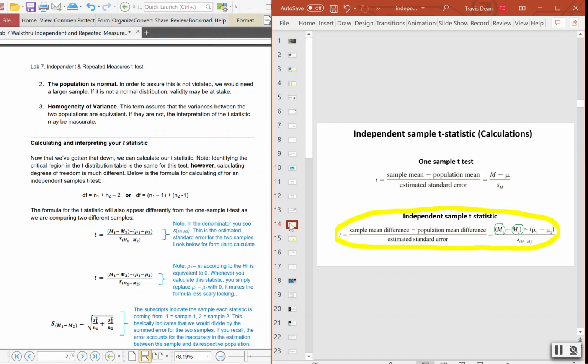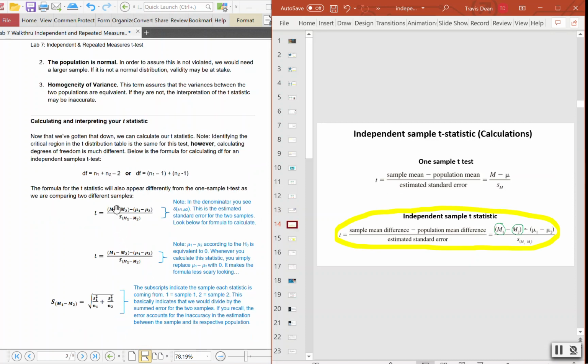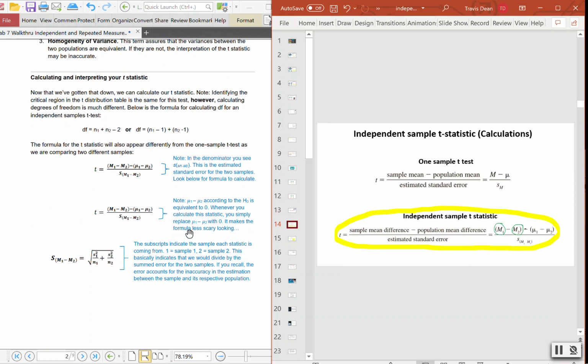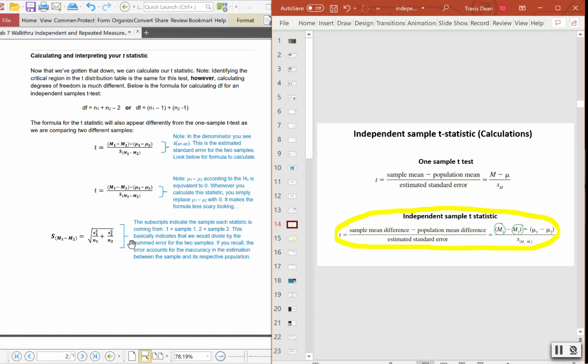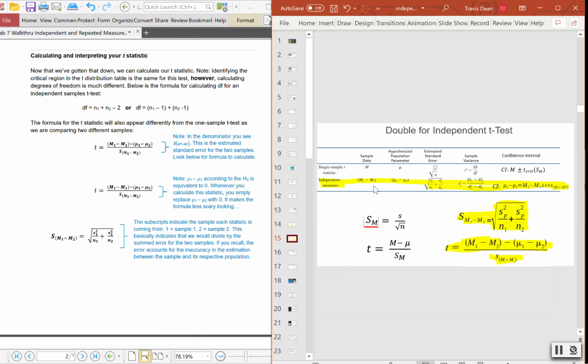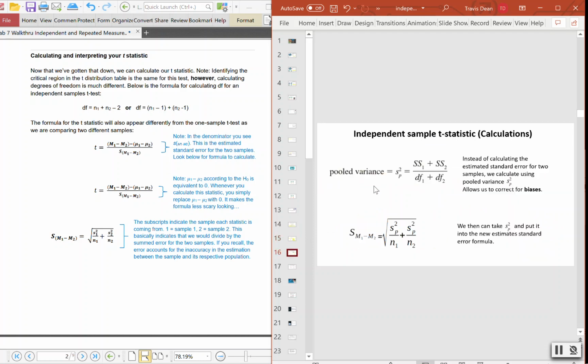All right, and then we have these other equations here, getting the t statistic, and we also have this right here. We're going to be getting this estimated standard error, but in this case, we're going to be using the pooled variance.